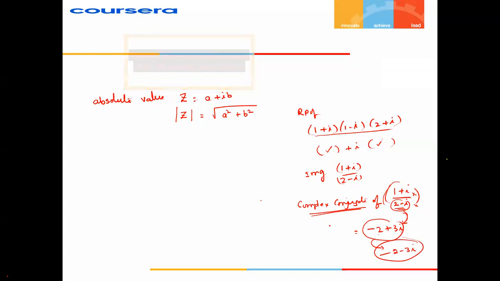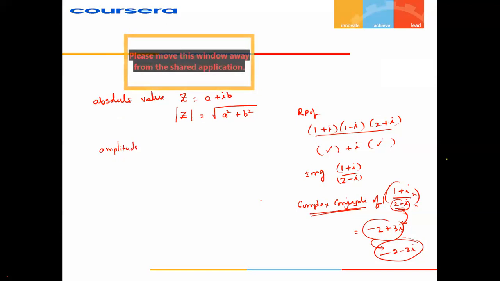If you want one more point, I'll add amplitude, which is actually theta. Z equals a + ib. Then we can have the angle, that is, tan theta equals b by a.